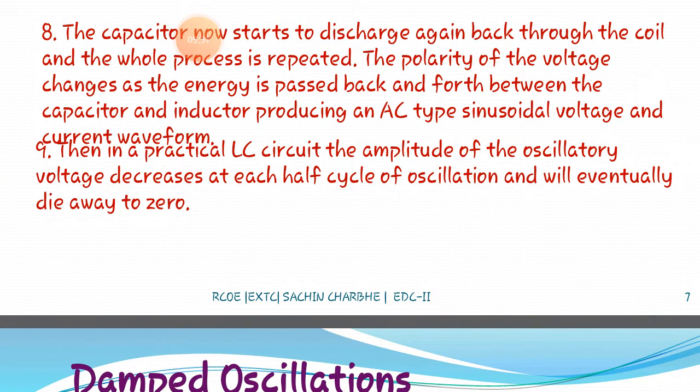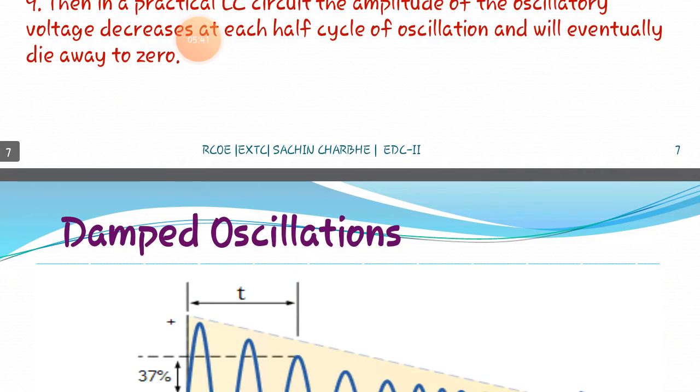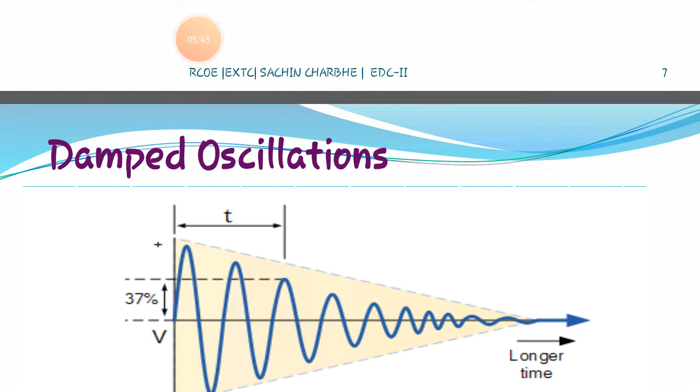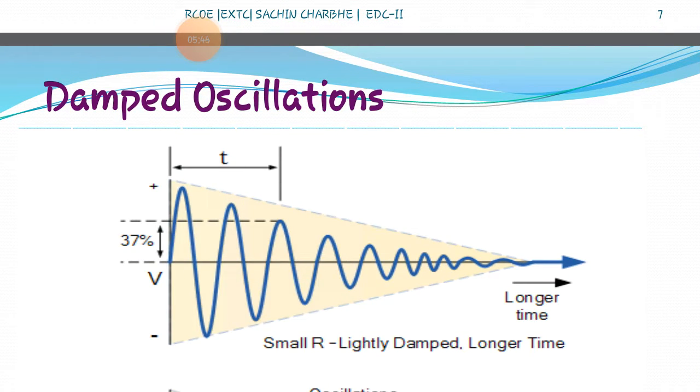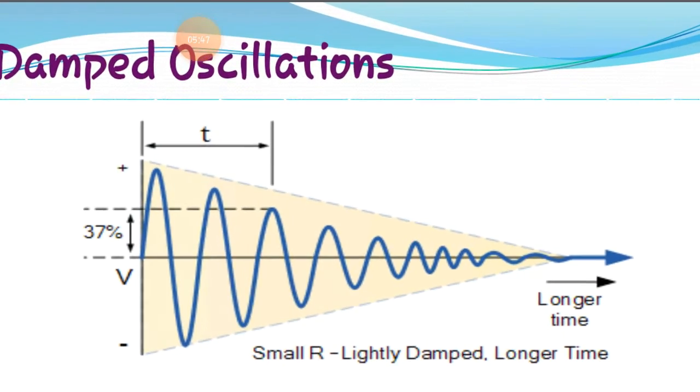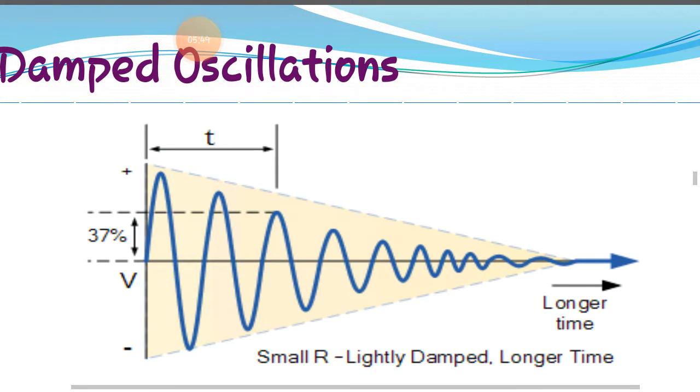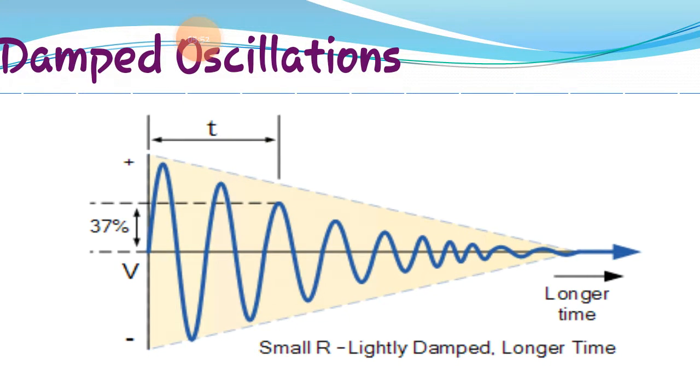In the practical LC circuit, the amplitude of the oscillatory voltage decreases at each half cycle of the oscillation and will eventually die away to 0. To understand this, we will see the damped oscillations in the damped oscillation circuit. Here, small r means lightly damped and a longer time.